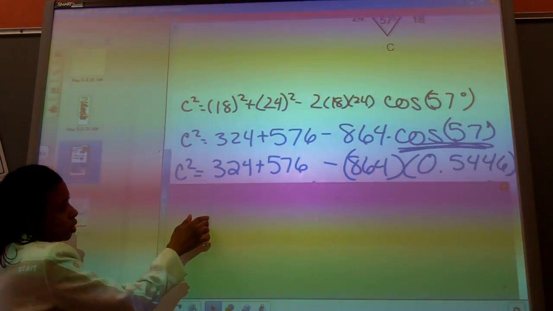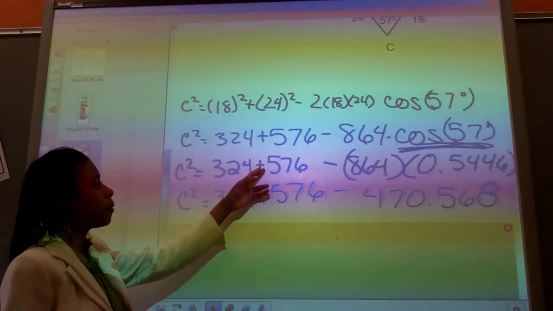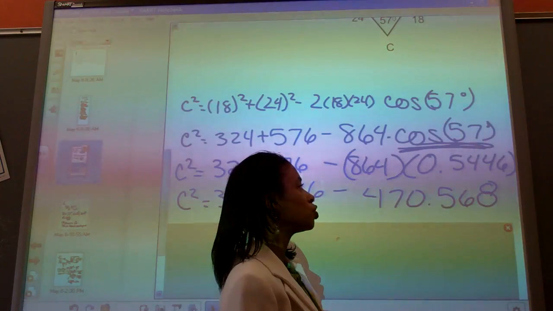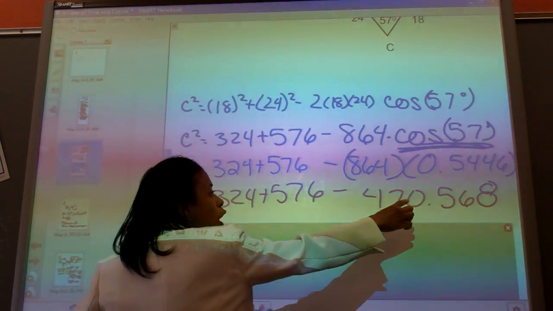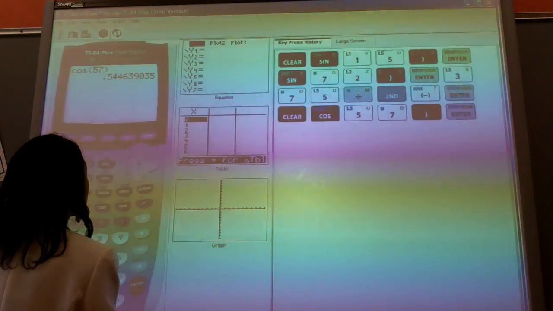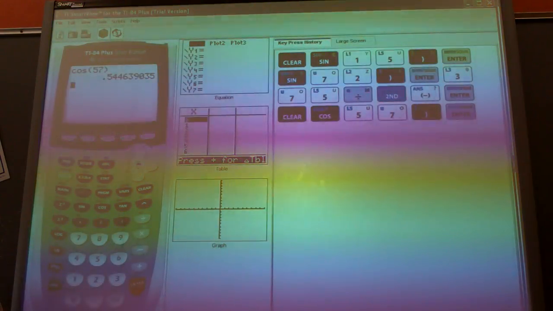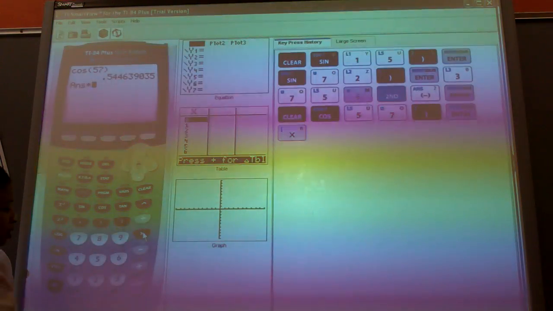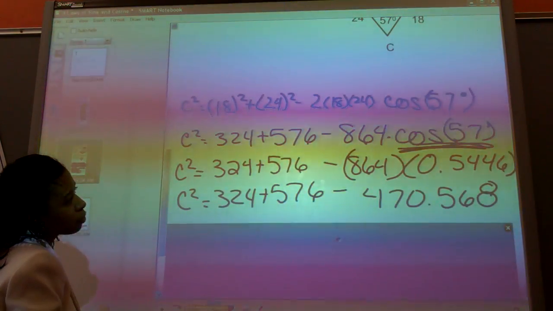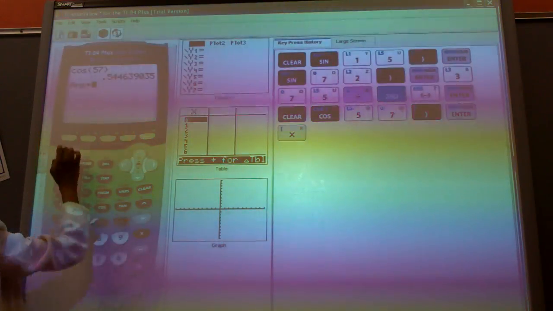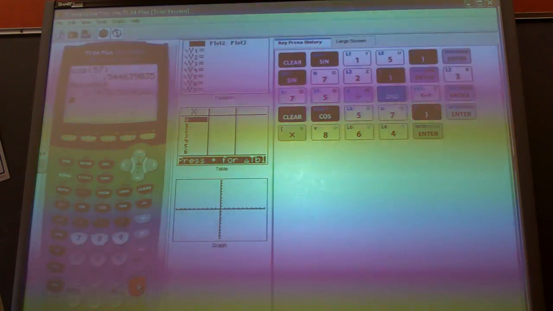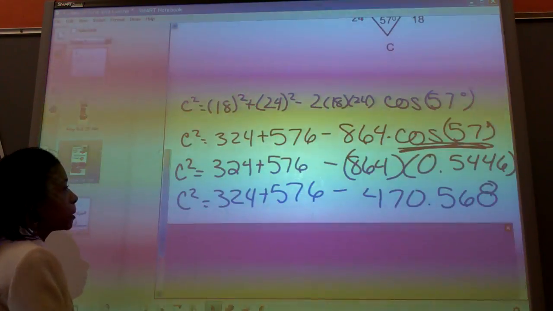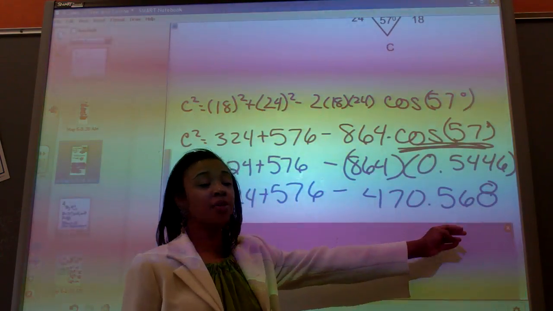Bringing everything down continually. 324 plus 576 minus, when I multiply 864 times that 0.5446, and I actually left all of these digits in my calculator like this. So I'm going to take my last answer, being multiplied by 864, such that I get 470.5 or 470.6 if I round. And you can see this is where I get that value there.